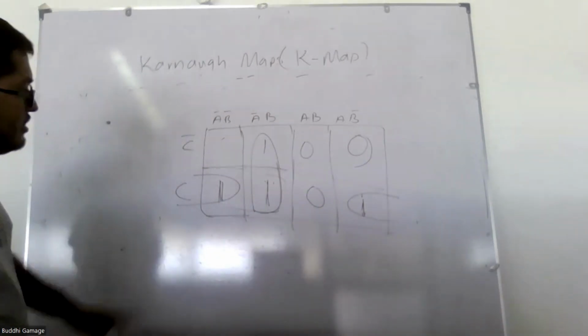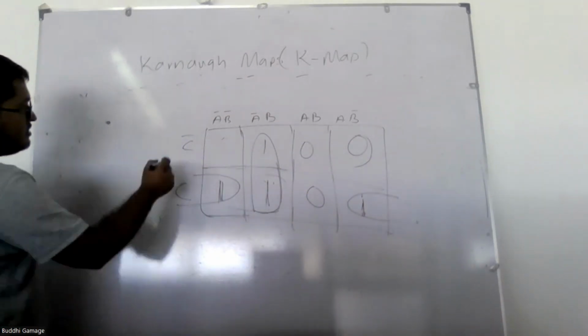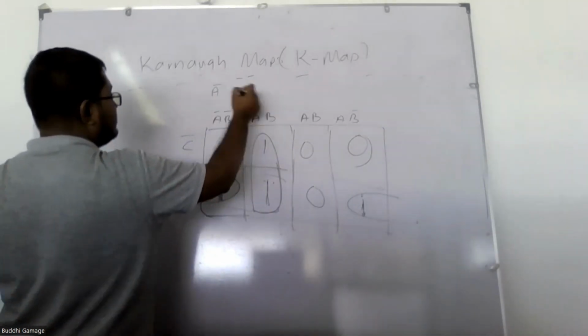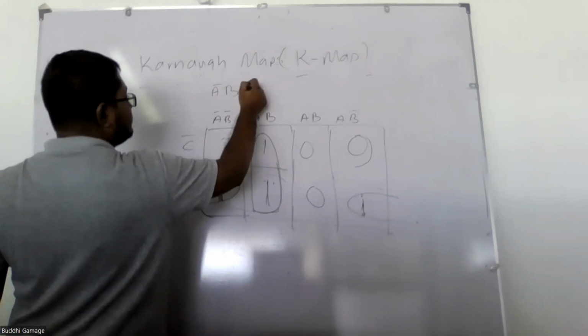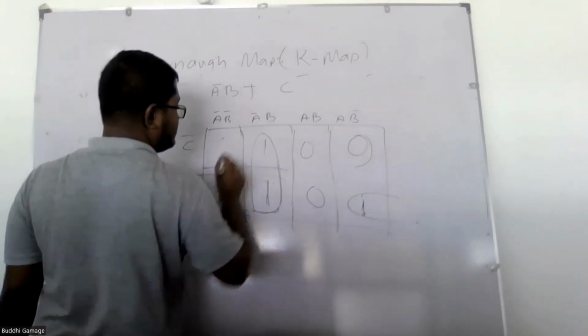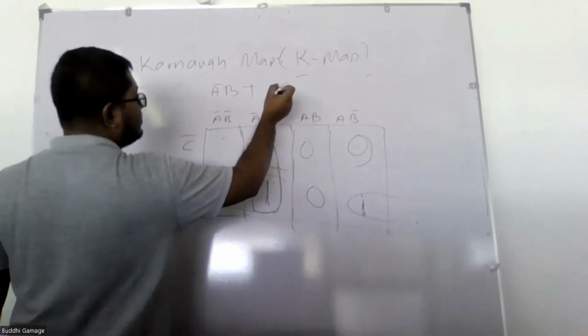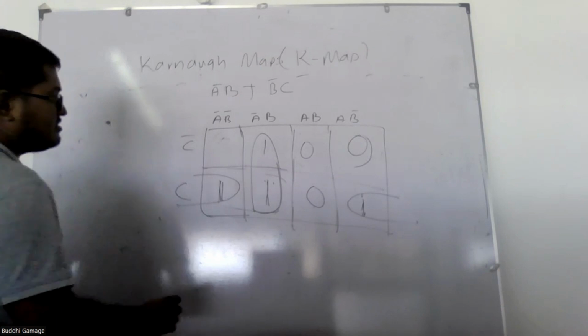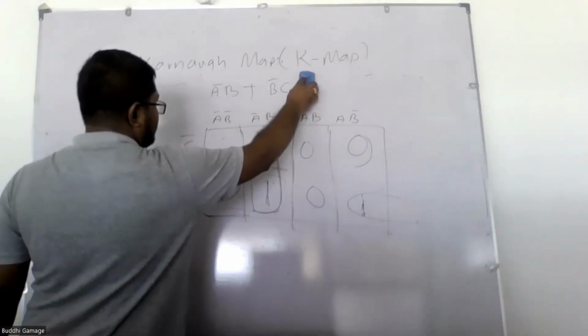Right. So in this particular example, the answer will be this one, A bar B, plus this one. C is not going to change, and B bar C. So this is the answer for this particular Karnaugh map.